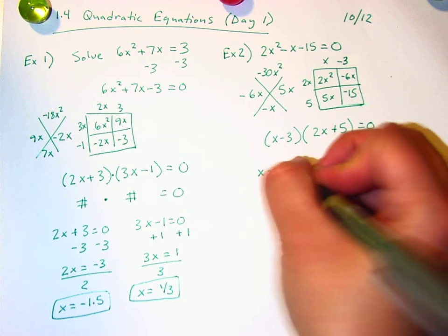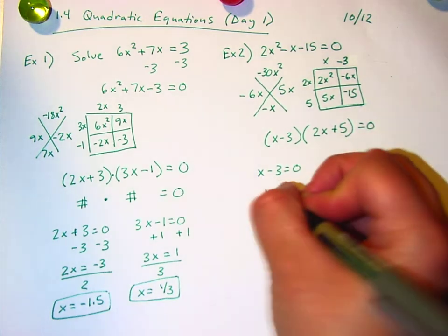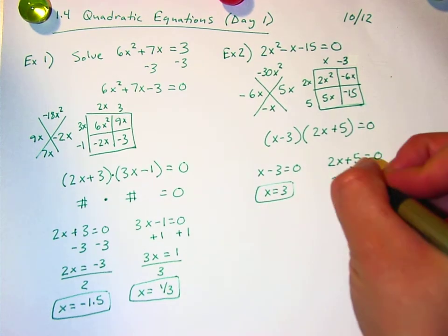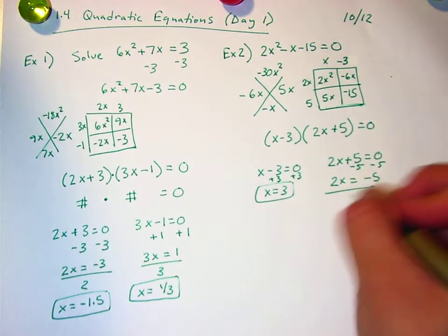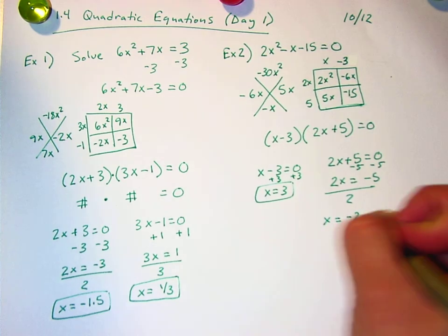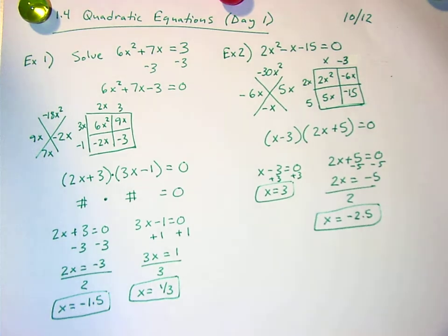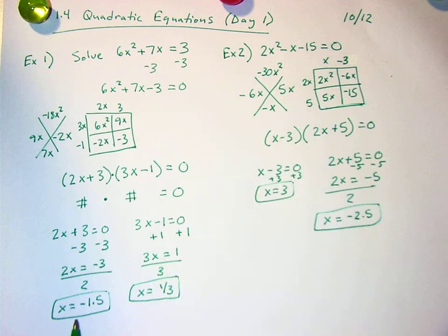And then I'm setting them both equal to 0. And I got 3 and negative 2.5. And by the way, if you put 3 or negative 2.5 into that original equation, or in the first one, if you put 1/3 or negative 1.5 in the original equation, you will indeed get the other side.